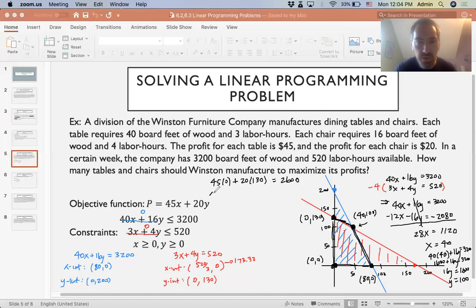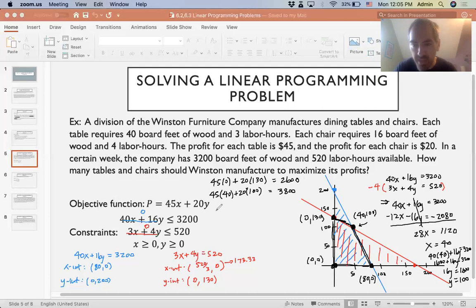Okay, and then 45 times 40 plus 20 times 100 is 3,800.